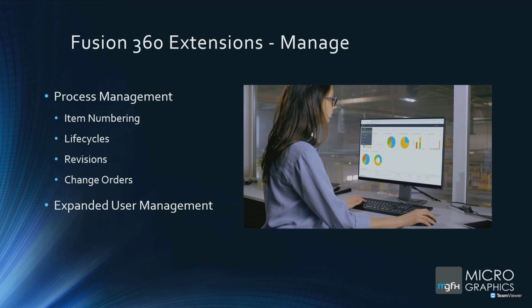And as your components go through change orders to manage revisions on components, as well as managing release information. So when do you release it to manufacturing? The Manage extension will allow you to have all that extra control, and it also gives you expanded user management. You can create user groups and roles, and you can manage that a lot tighter than you could in the standard Fusion.